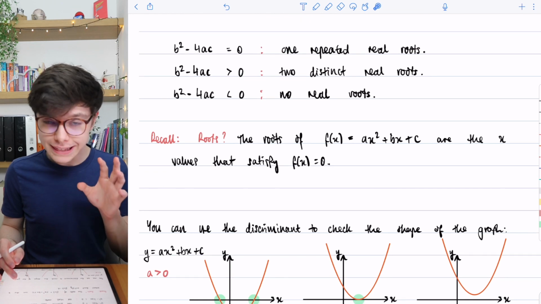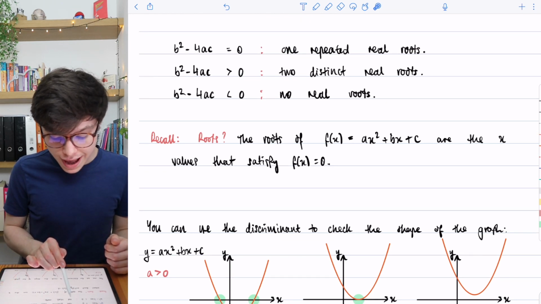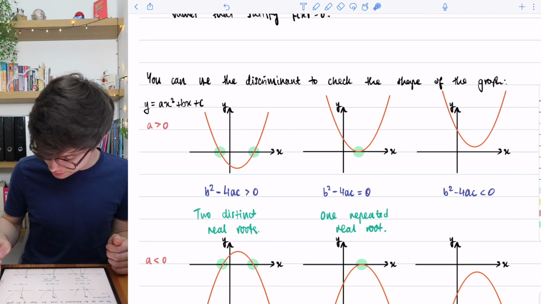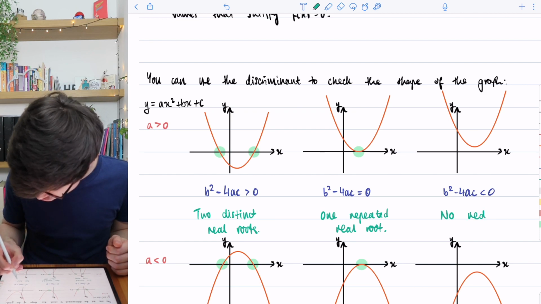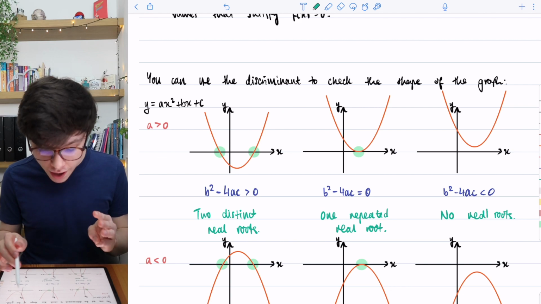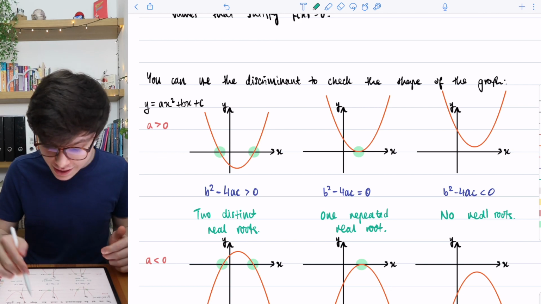This one is a little bit difficult to get your head around. What we have is no real roots. So we'll write that again down here: no real roots, for when the discriminant is less than 0. And we can see, for the third time, that the roots are where the curve intersects the x-axis.